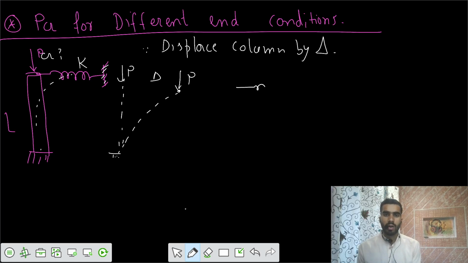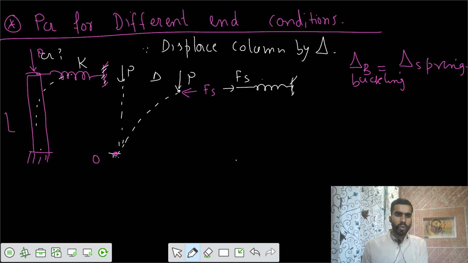So there will be development of a compressive force Fs in the spring. The same would get transferred to the column also, so it would also get shortened by that same amount of delta. This is the compatibility: the delta developed because of buckling is also equal to the delta in the spring.